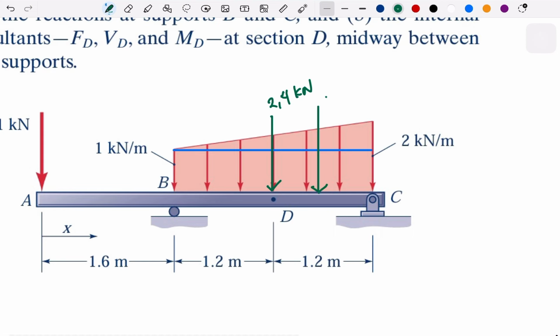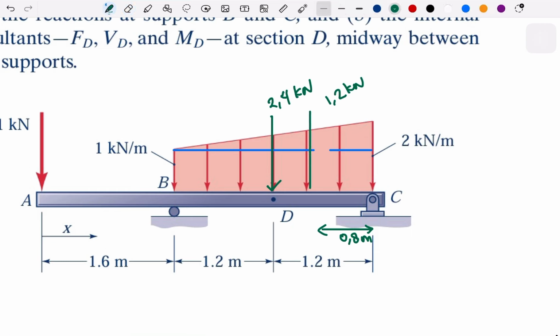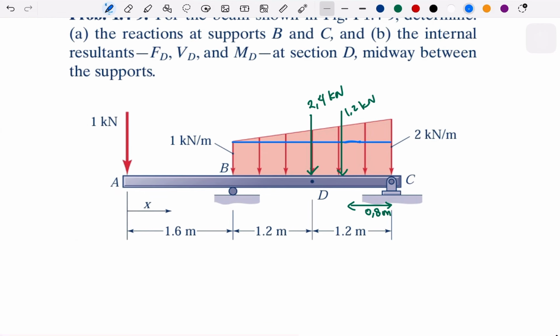This is 1.2, and this will be 0.8 meter. Maybe let me write a little bit to the left to make it clear. Or maybe let me write clearly. Okay. Now we have all the resultants from the distributed force.